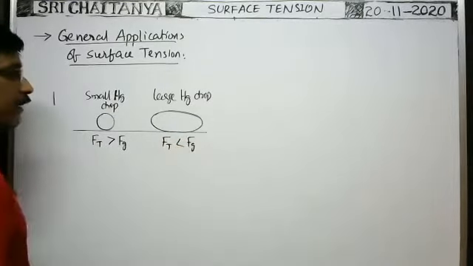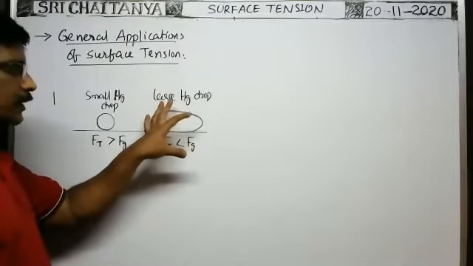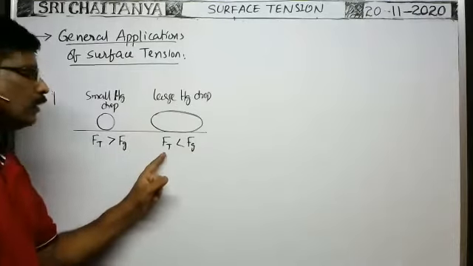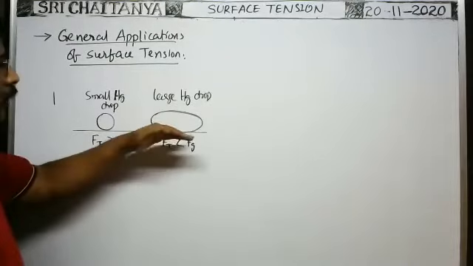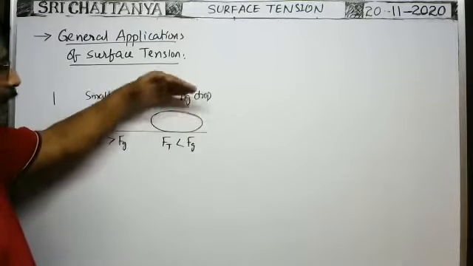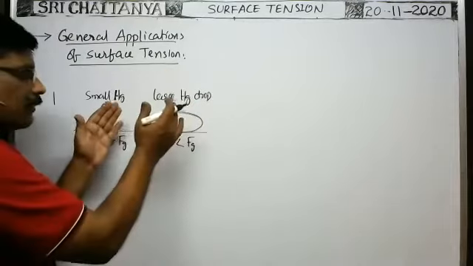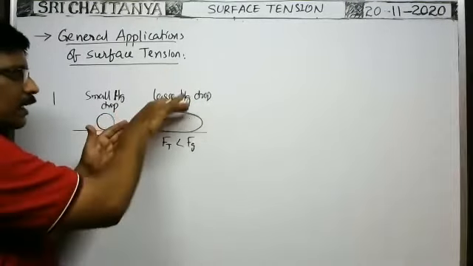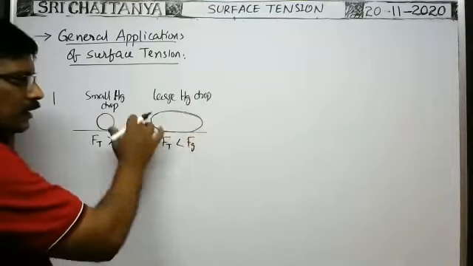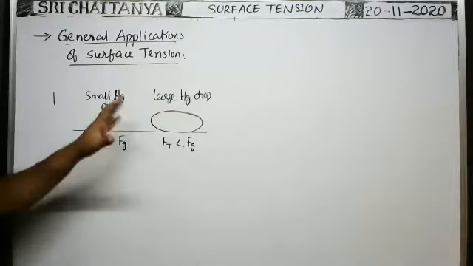That means the gravitational force acting on the atoms of the large liquid drop dominates the force due to surface tension. Because of more gravitational force, the atoms of the liquid drop are attracted more and it comes down, and as the surface tension forces are less, at the middle it is expanded like this. So it has some paraboloid, ellipsoidal shape like this.